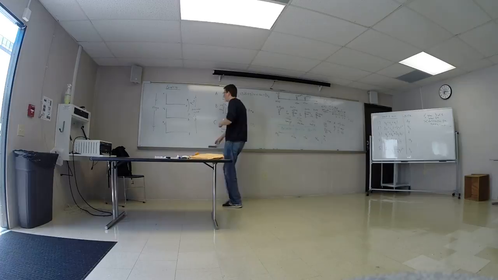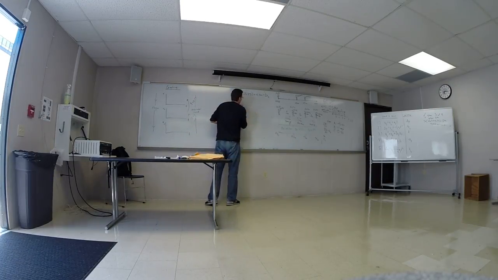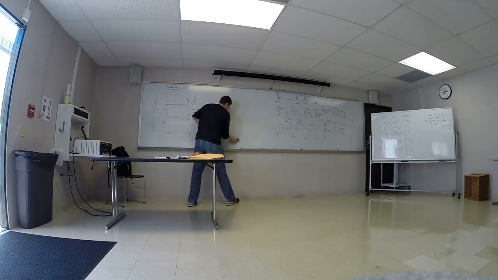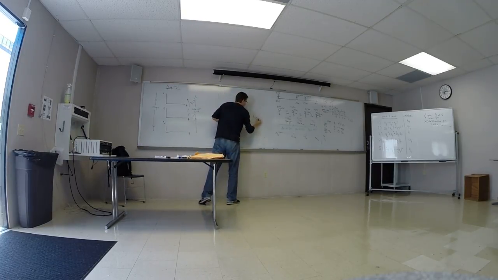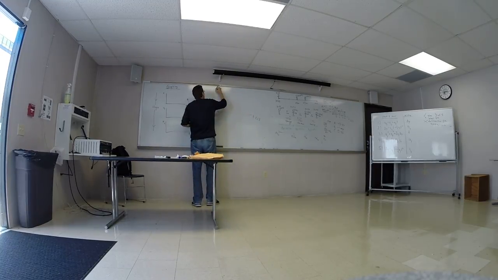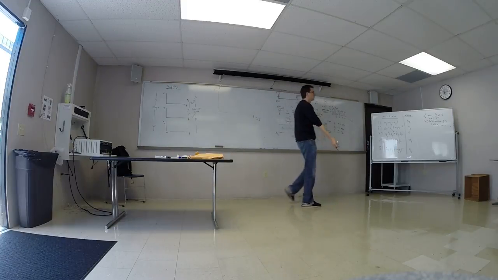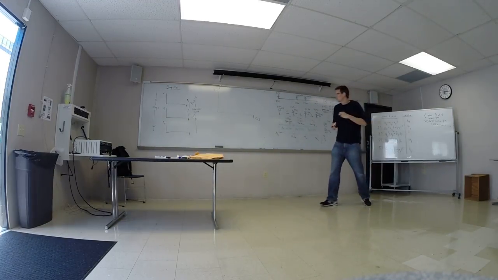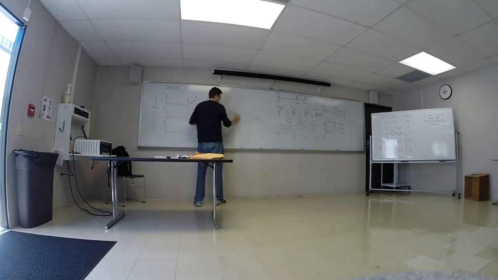So let's go ahead now and construct the position versus time graph from that. Looks like this. So I need to leave enough room for 4 seconds. 1, 2, 3, 4.